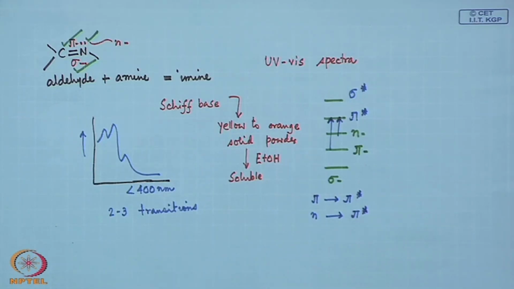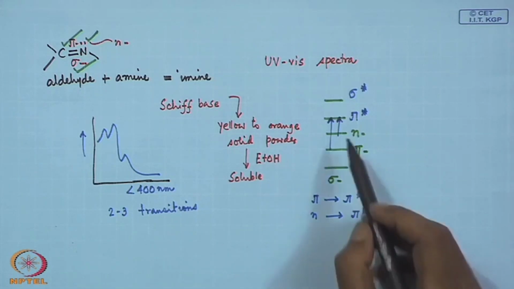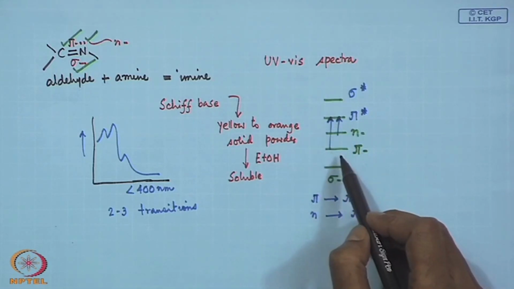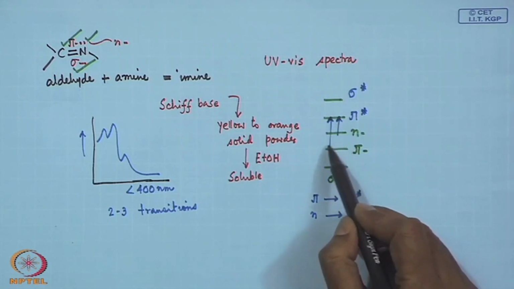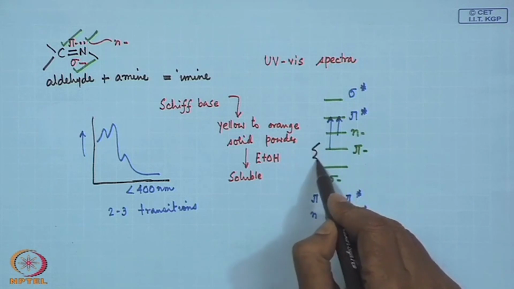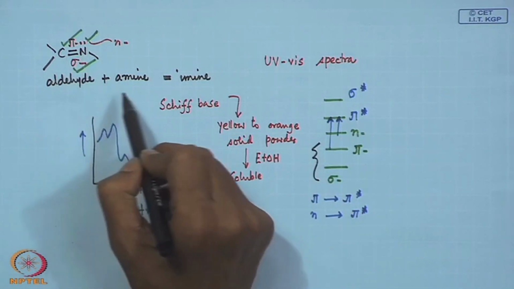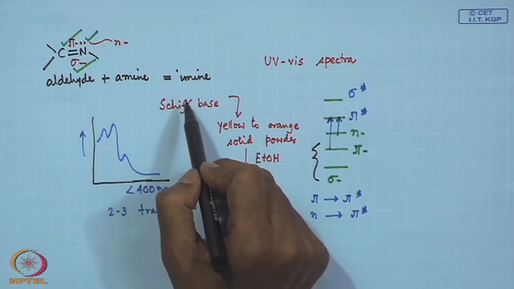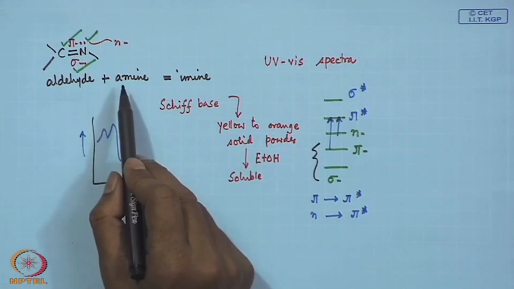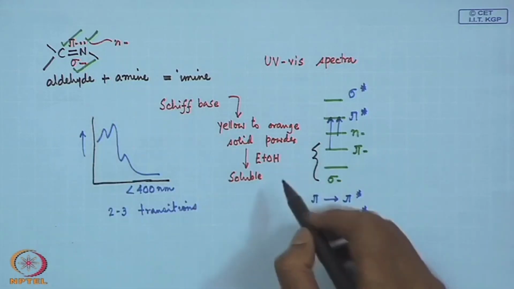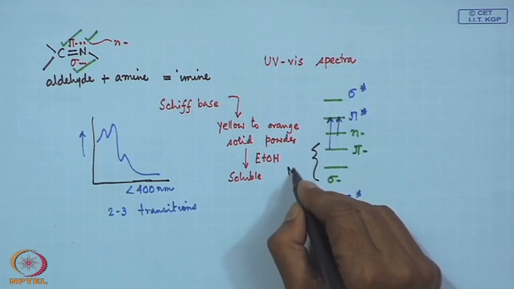So, during these spectroscopic transitions for simple organic molecules, we can have these two transitions involving two of these levels, that means these are related to the bond formation between carbon and nitrogen when we are trying to make the corresponding Schiff base from the aldehydes and the amine, that these are the corresponding bonding molecular orbitals.